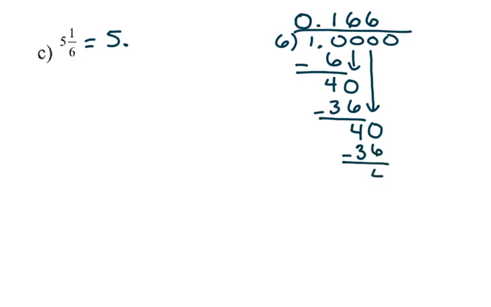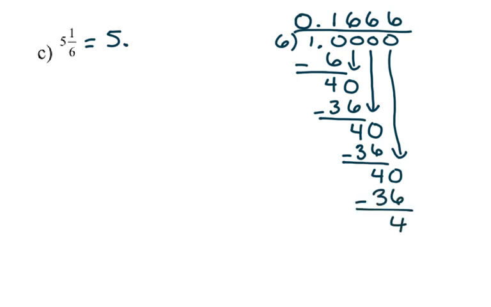Subtract those 2, we have 4. Bring down the 0. We have 40 again. And you can see that in this case, the repeat occurs much earlier, and we didn't even see the repeat happen with 4 divided by 7 in letter B. We had to keep going to see that repeat happen. Oops. That's 36 again. And subtract, you have a 4 again.